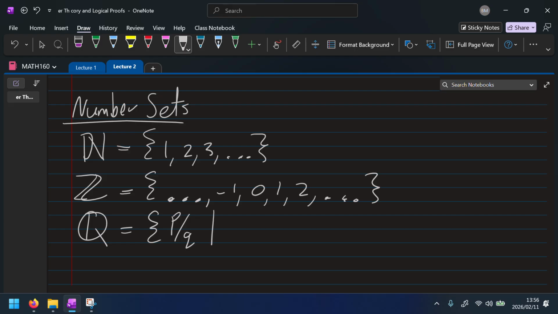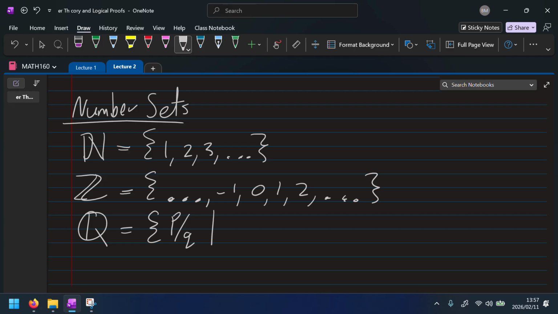Yep, that's one thing. We need to be very technical with this. Can the top be pi? Is pi a rational number? No, so we need to remove it. Remember, we're doing this from scratch. You can't make any assumptions. So P and Q firstly must be integers. You can't have anything at the top. Remember, these P and Q for the sets are objects.